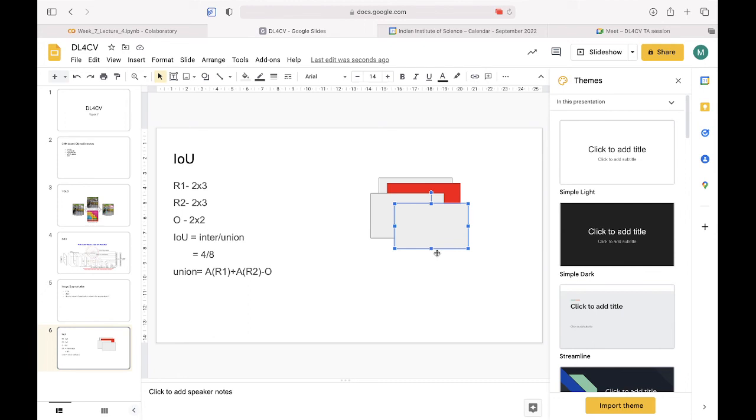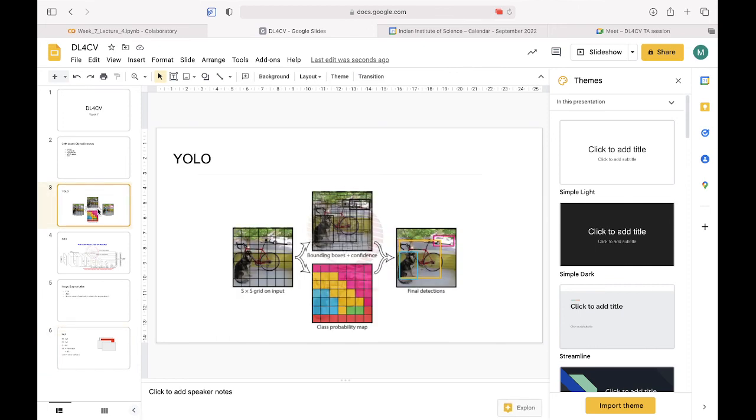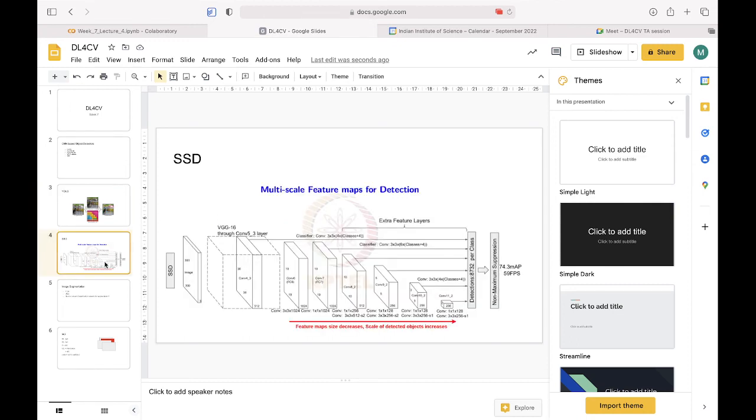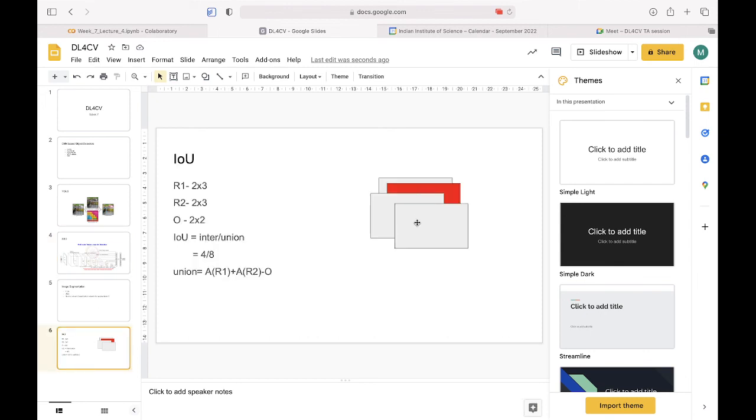Nothing is totally right or wrong. Here there's a dog, and lots of boxes at the same place. Just because I shift the box by 1 pixel doesn't mean it's wrong, correct?